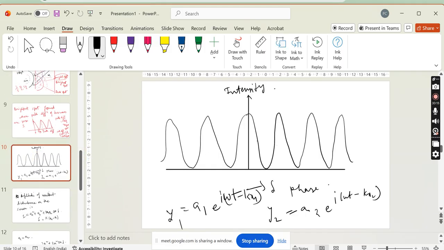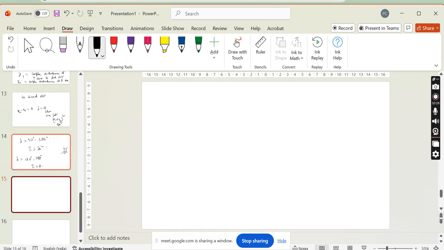So 90 degree is like at this position, half of the maximum intensity. So we get the maximum, then half of the maximum, then dark, then again half of the maximum, then bright. That is the concept.